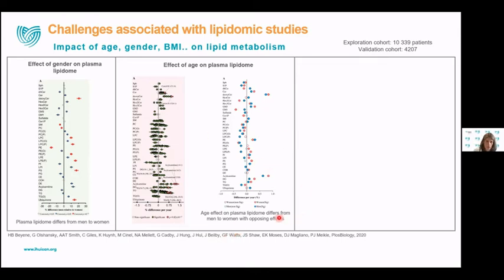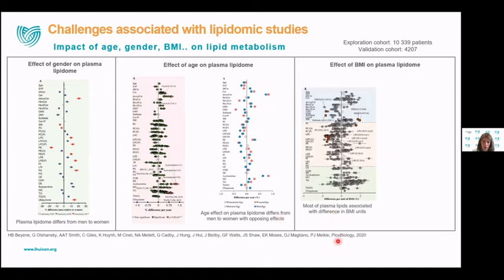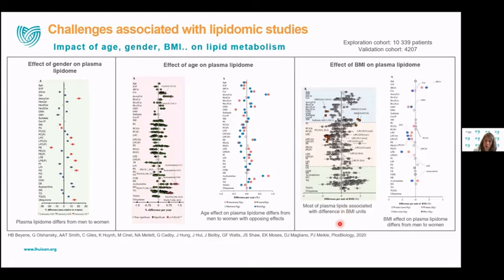This was also the case for BMI. All the gray and red dots correspond to significantly altered lipid species per unit of BMI. Again, if you combine it with gender, the BMI effect is not the same whether you look at men or women, and again, sometimes the effect is opposing.